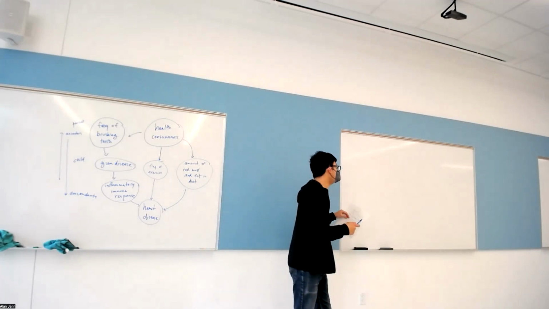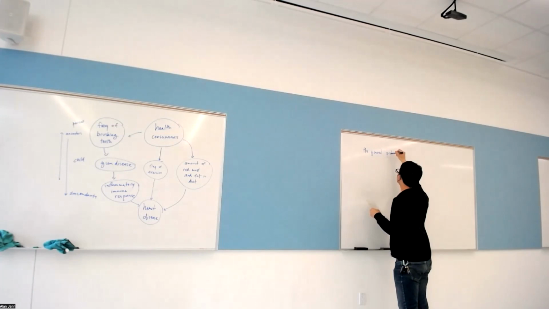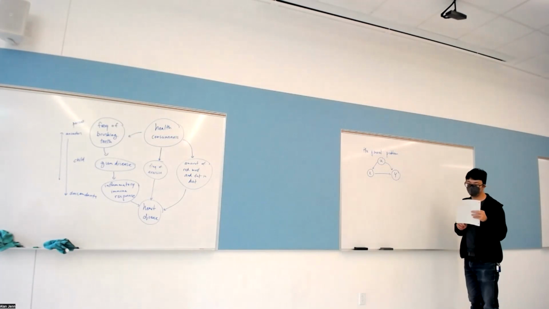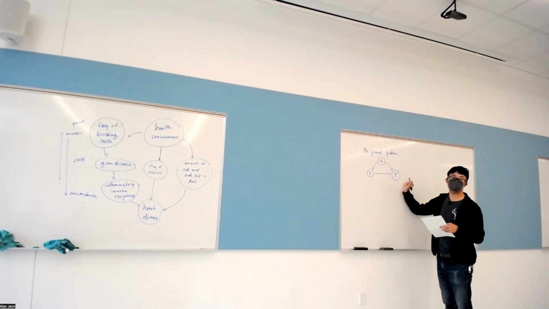Let me talk about that in a more general way. The general problem looks something like this. We have X's in our data, and we have Y's in our data.